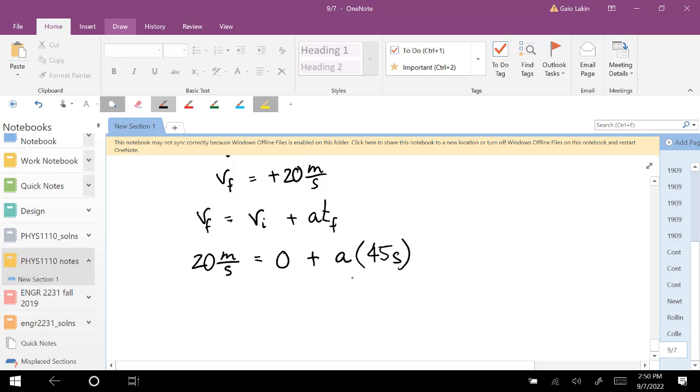Later on, you won't have to do that, but I want you to see how this works. If you're careful with your units in all these calculations, the units on your answer will come out correct. So I'm going to write this as 20 meters over seconds. Okay. We're going to divide both sides by 45 seconds.